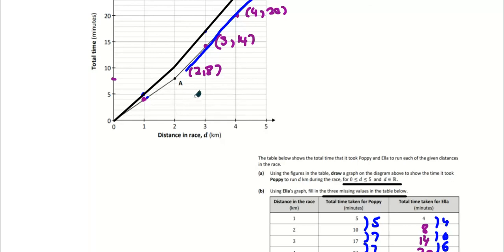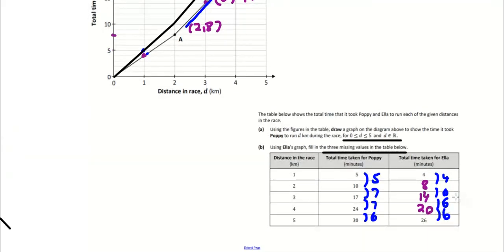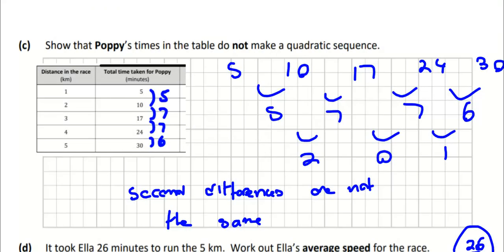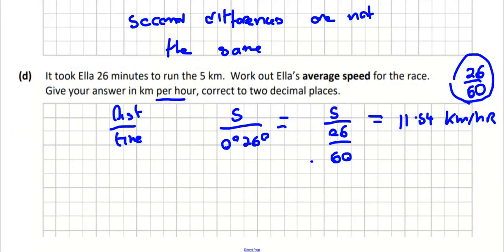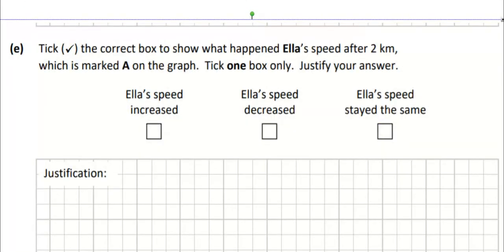Actually, her speed slowed because it's a different type of graph. Usually the slope goes upwards, but what we can see here is that it's taken 6 minutes for a kilometer now, while at the start it took 4 minutes for a kilometer. So essentially, her speed decreased. Okay, so her speed decreased.